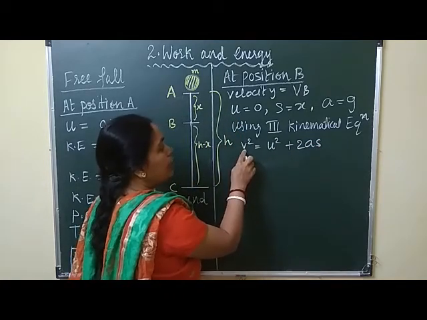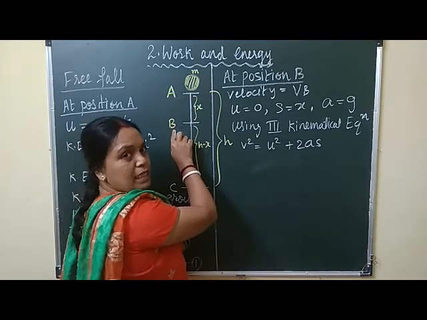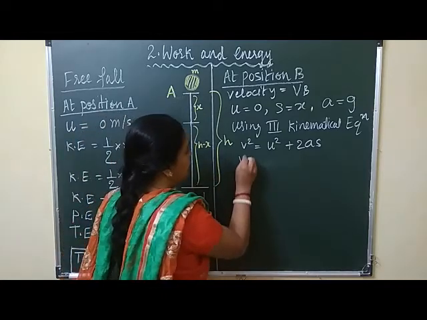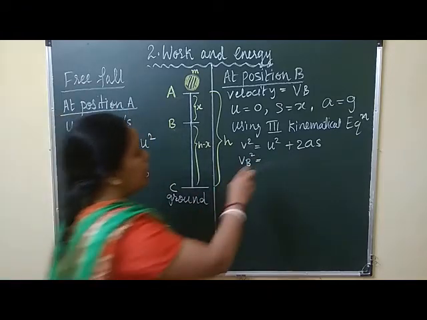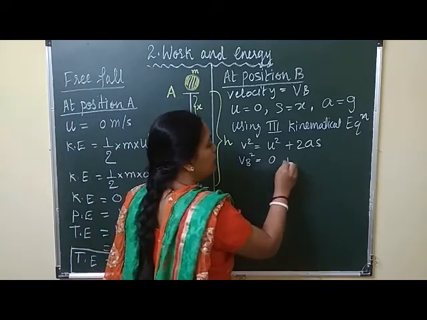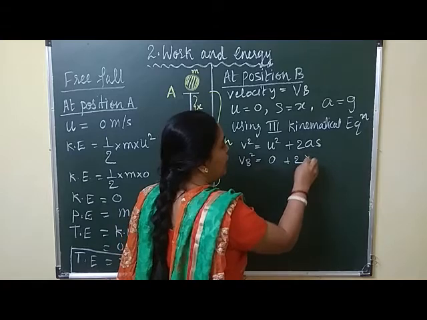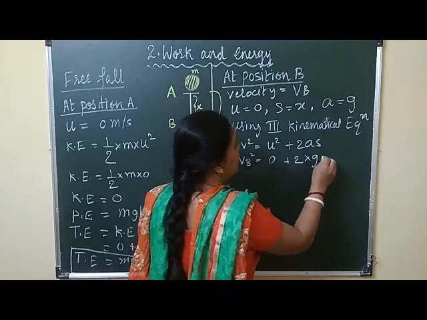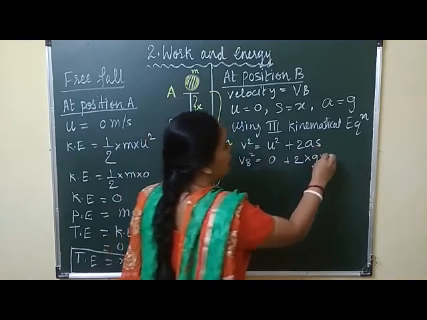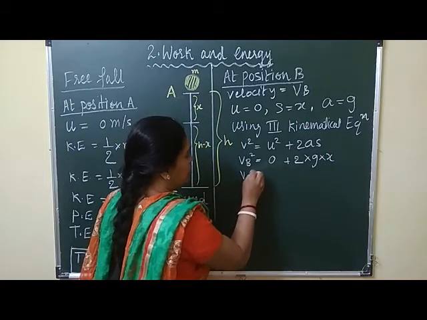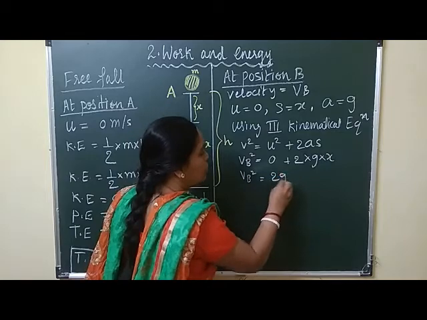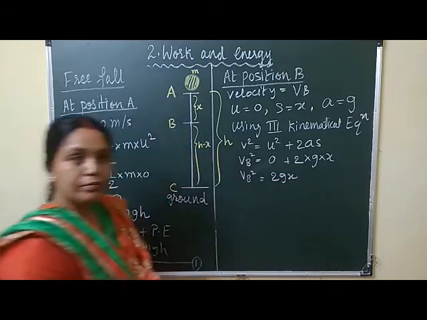Now v is the velocity when it is coming to position B. So we will write vB square is equal to u is 0, so this becomes 0, plus 2 into a, which is g, and s is x. So vB square is equal to 2gx.